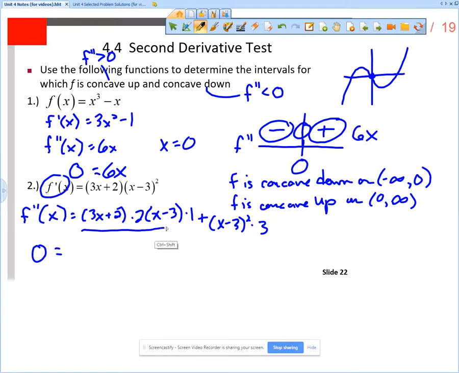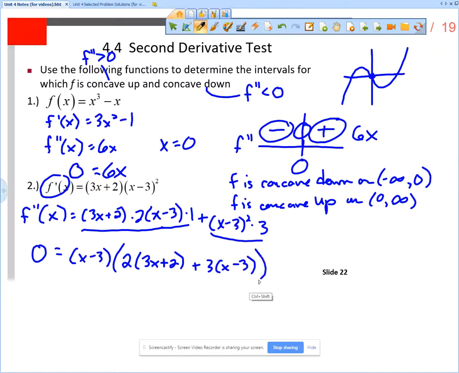So I have two terms here. So I'm going to factor out whatever I can. So I can factor out an x minus 3 to the first, and that's actually it. So that would leave me with 2 times 3x plus 2 plus a 3 times x minus 3. All right, and so that means I'm going to set x minus 3 equal to 0, and then I'm going to set this thing equal to 0.